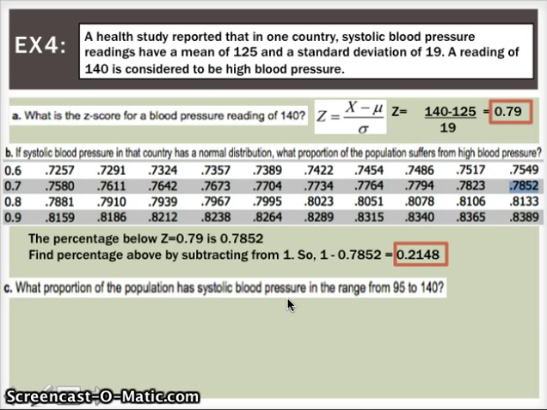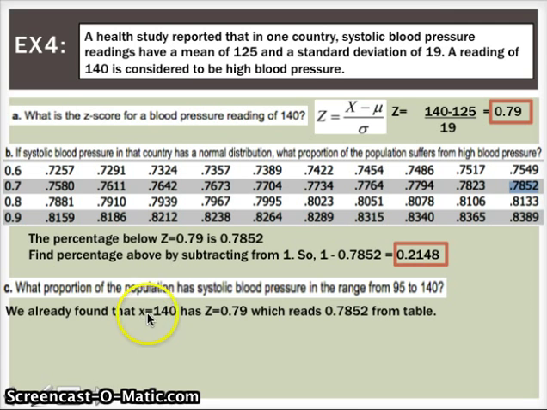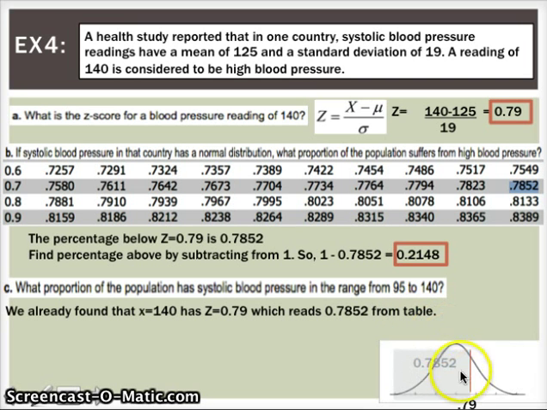What proportion of the population has systolic blood pressure in the range from 95 to 140? Well, we already did half the work here because they're asking us about the 140. We already found that for x equals 140, we have our z-score, and we were able to read the number off the table that goes with that. So we already know that for 0.79, we found this area.